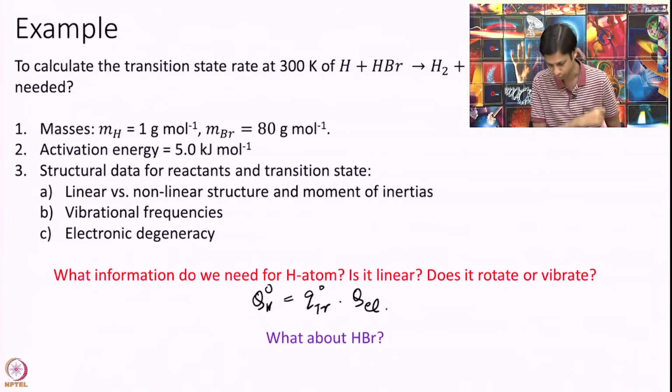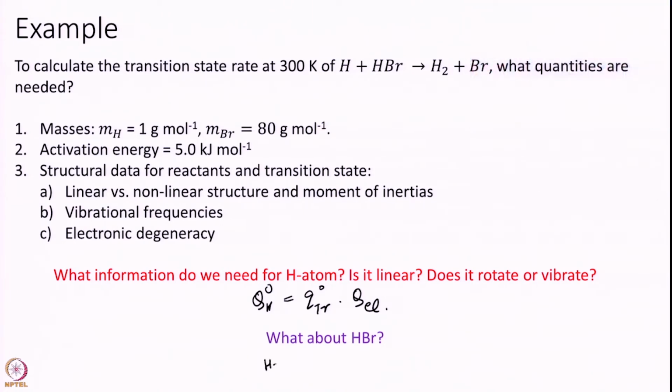What about HBr now though? Do we need any more information other than mass? Yes, we do. So, is HBr linear or non-linear? Well, of course it is linear. HBr is simply H and Br. You have only 2 points and 2 points can only form a line. So, this is certainly linear. So, we need its moment of inertia.